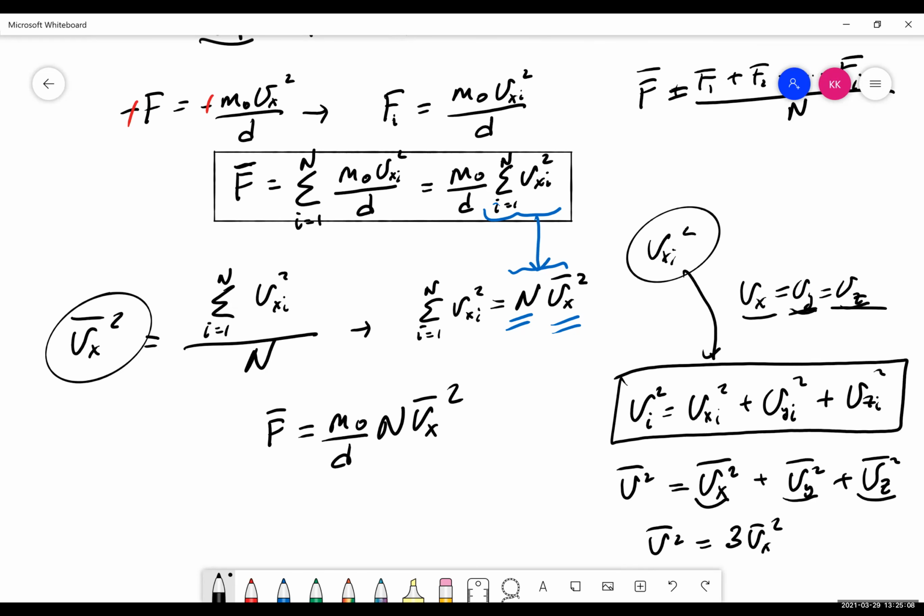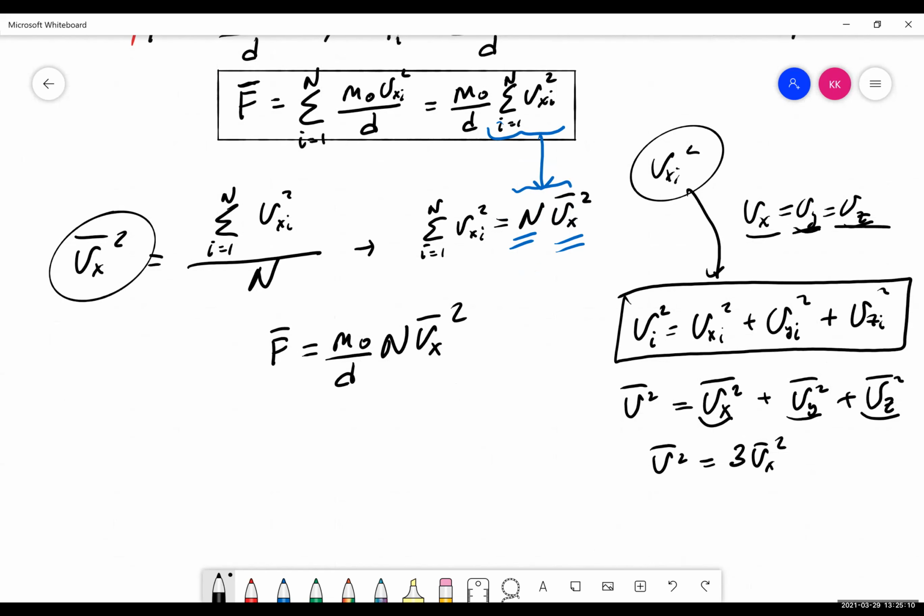Which means, see over here I have Vx. If I divide both sides by 3, I can say that Vx average squared is 1/3 of the average total velocity squared.